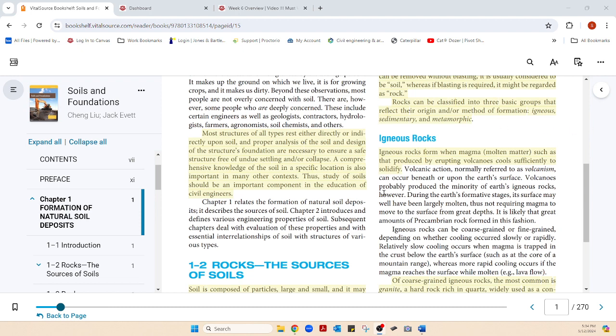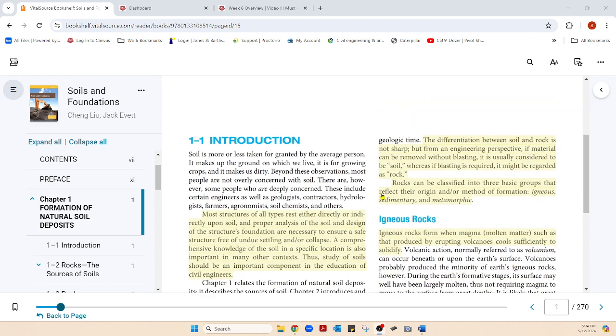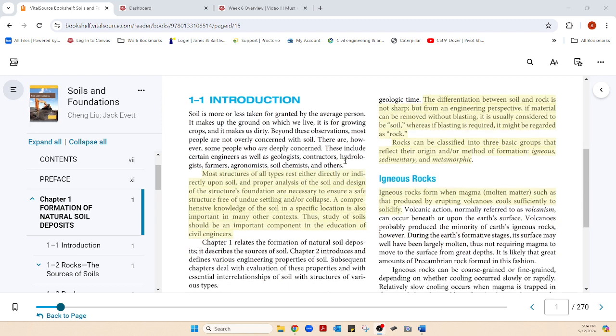I have my ebook up, and I'm in chapter 1, the very beginning, introduction. If you go down, it talks about soil being more or less taken for granted by the average person, but to us, we're deeply concerned, as the book calls it.